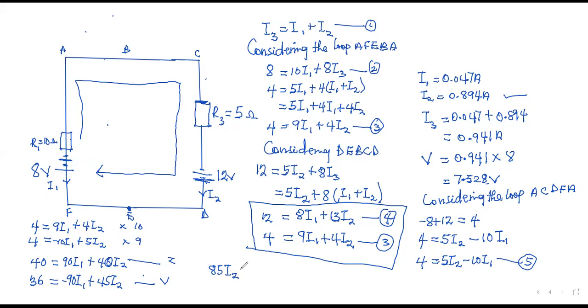I1 will go to 0, is equal to 76. The value is the same as what we had. So I2 straight away will be 76 over 85. And what is 76 over 85? We have the same results. So I think something went wrong somewhere.